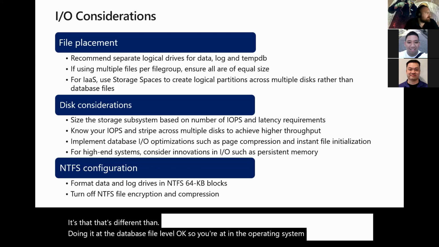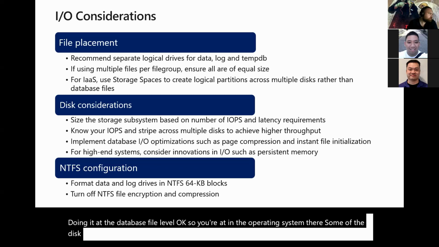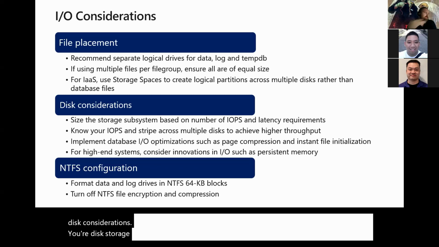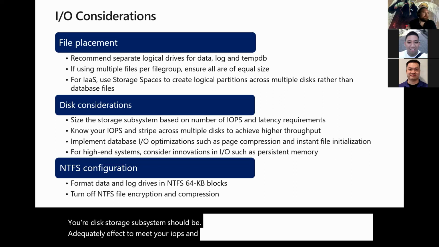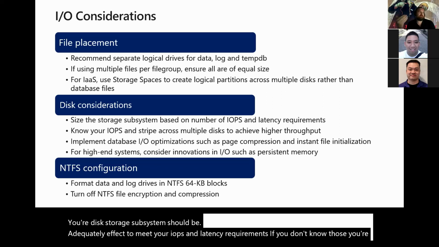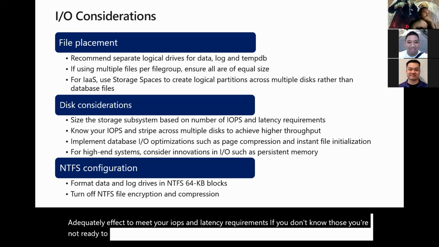Some of the disk considerations: your disk storage subsystem should be adequately spec'd to meet your IOPS and latency requirements. If you don't know those, you're not ready to upgrade, I would say, or to migrate, or whatever your plan is.